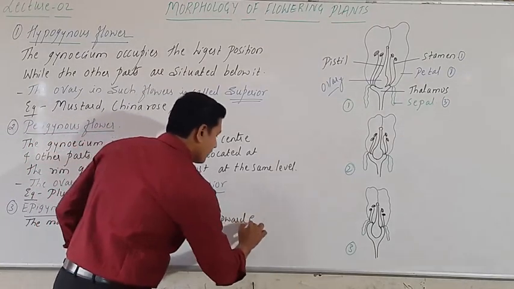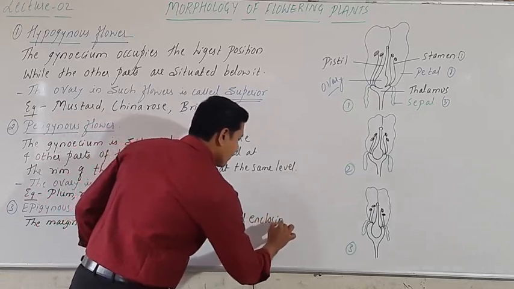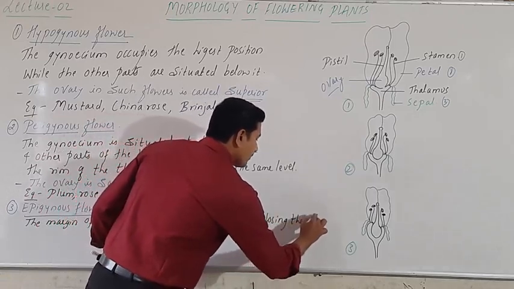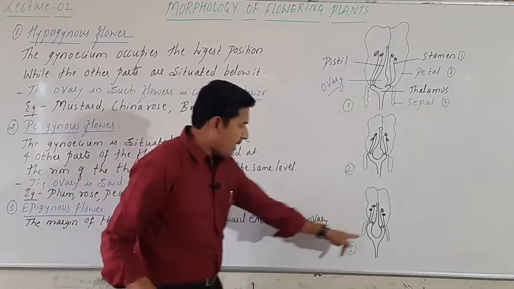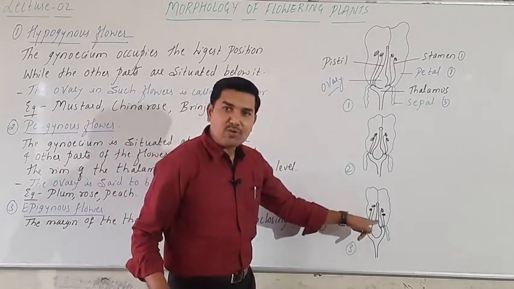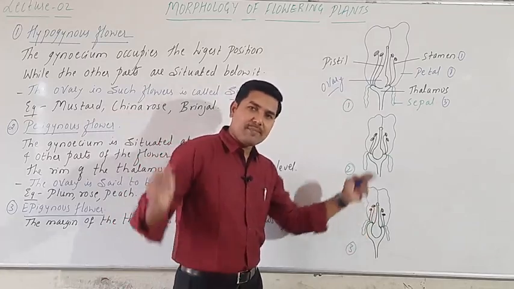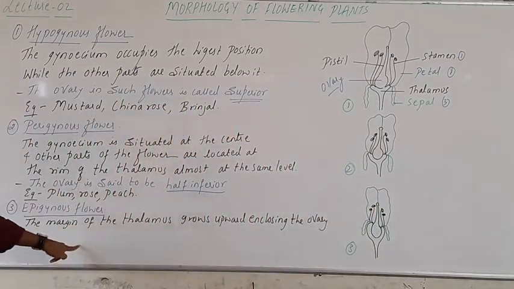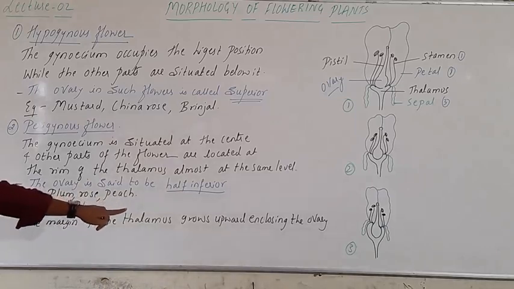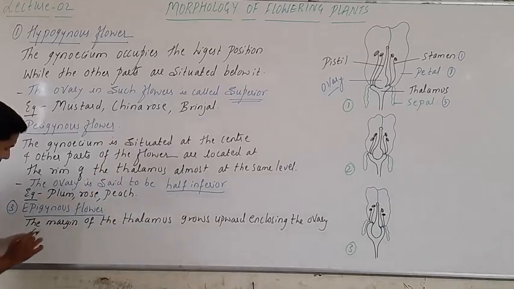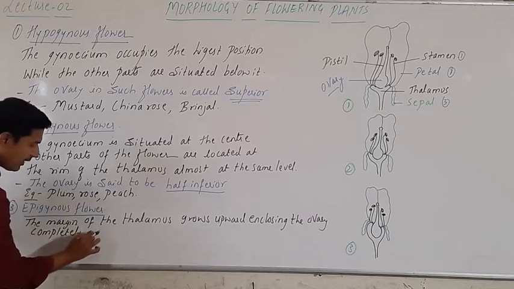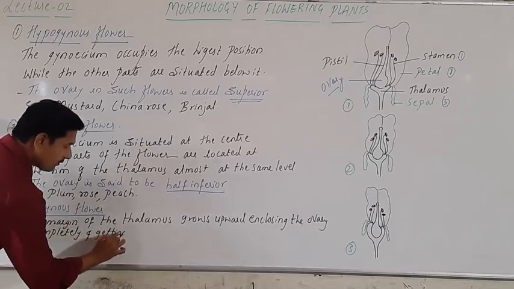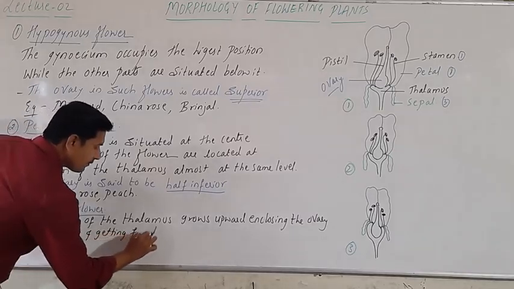It encloses the ovary, completely closes it above. Okay, so here the margin of the thalamus grows upward enclosing the ovary completely and getting fused with it.